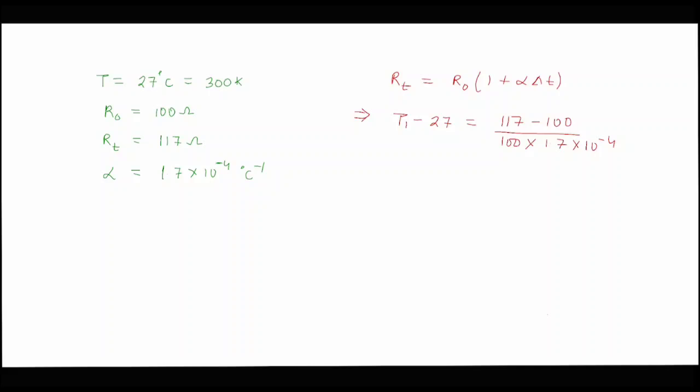So from here we obtain T1 minus 27 is equal to 1000, and I can say that T1 is equal to 1027 degrees Celsius. So at the temperature of 1027 degrees Celsius, the resistance of the element will become 117 ohm.